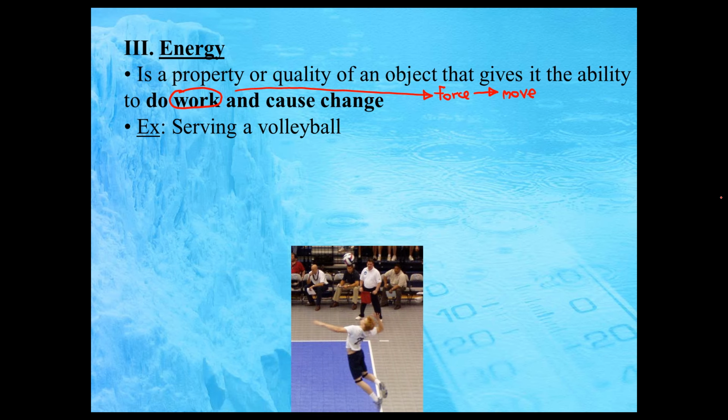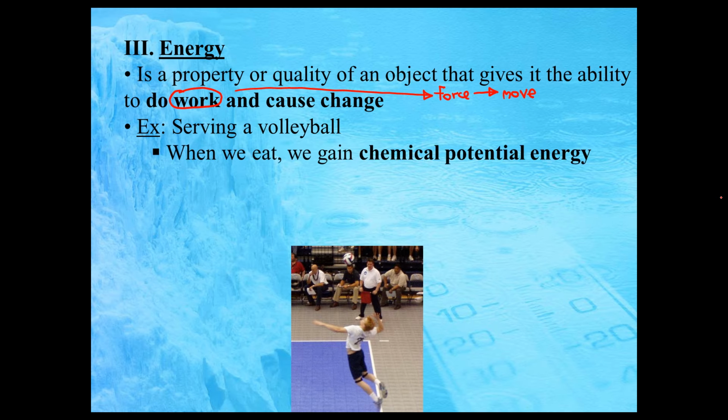So my preferred sport, which is volleyball as opposed to golf. So in the process of serving volleyball, when you eat, we gain something called chemical potential energy. You can think of it as a form of stored fuel. Potential energy is stored energy. So we have this stored fuel in us.